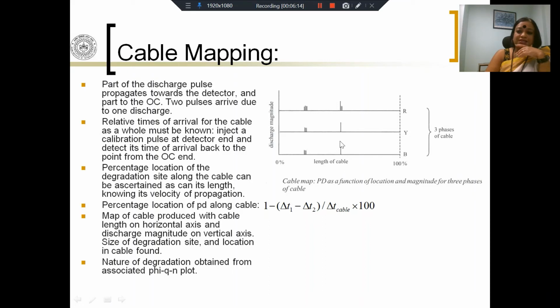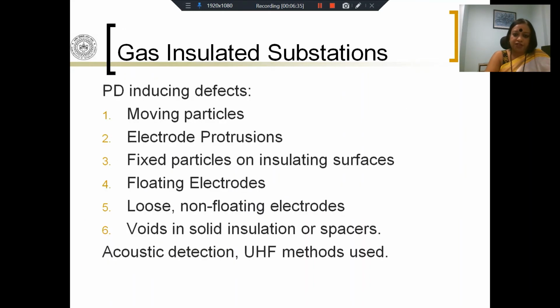You also get an estimate of the location of the discharge site. But the nature of the degradation has to be obtained from the conventional phi-QN plot. The phi-QN plot will only come from the IEC measurements. So IEC PD measurements, that is the conventional electrical PD measurement technique, will give you the phi-QN plot. So you cannot do away with the conventional technique.